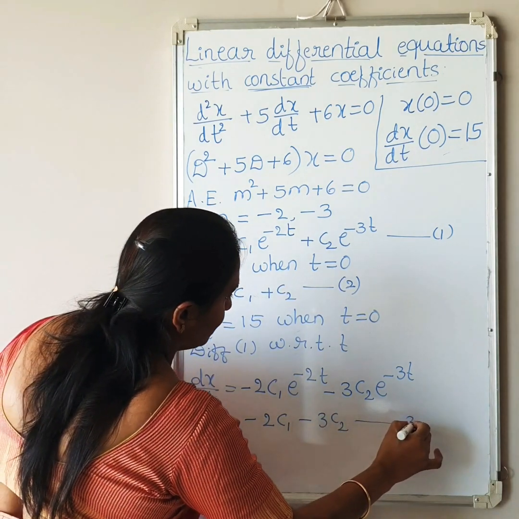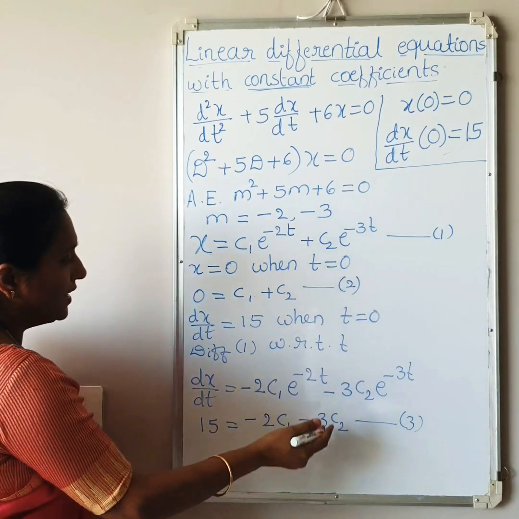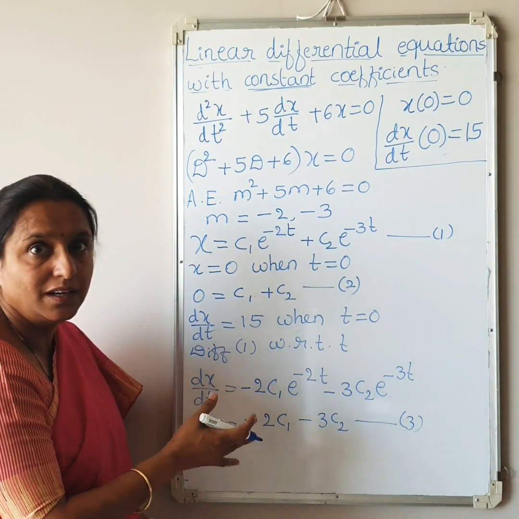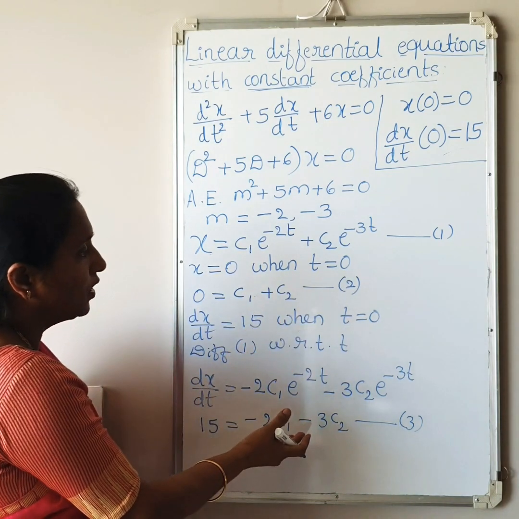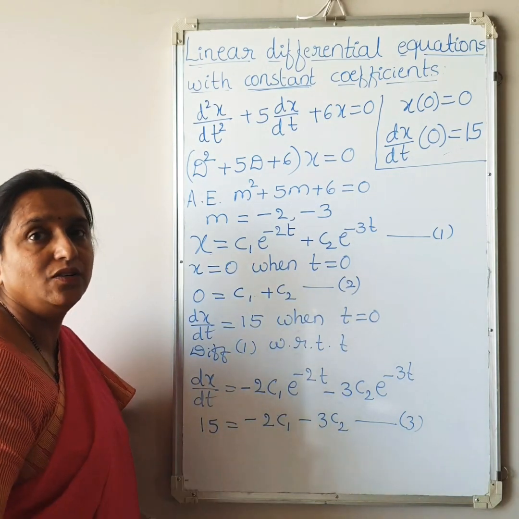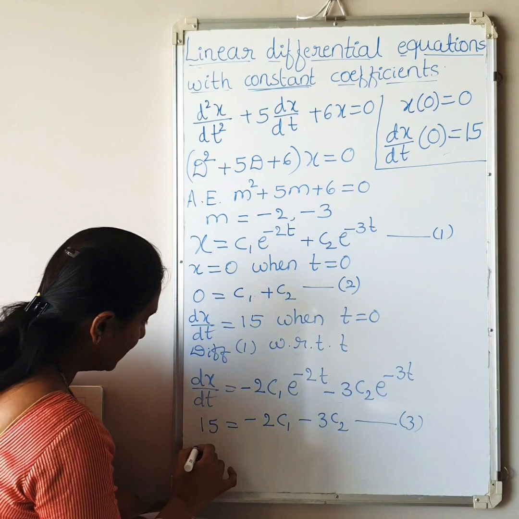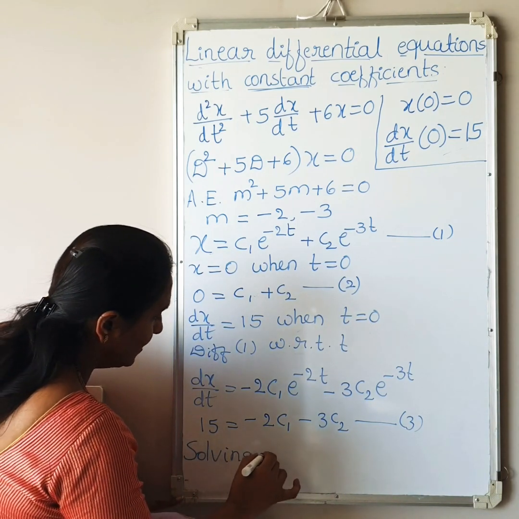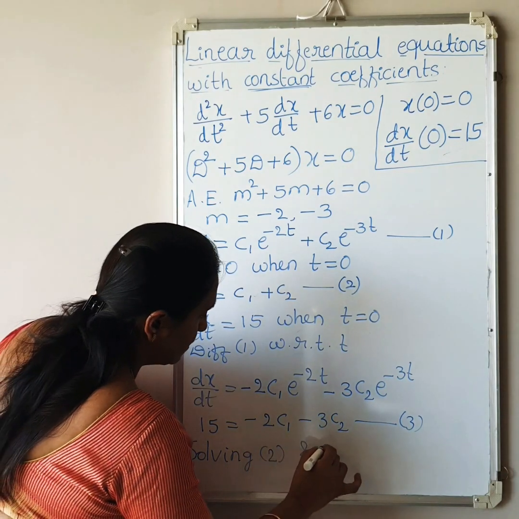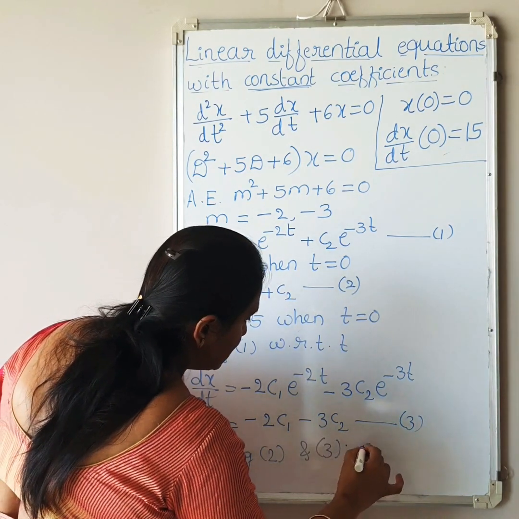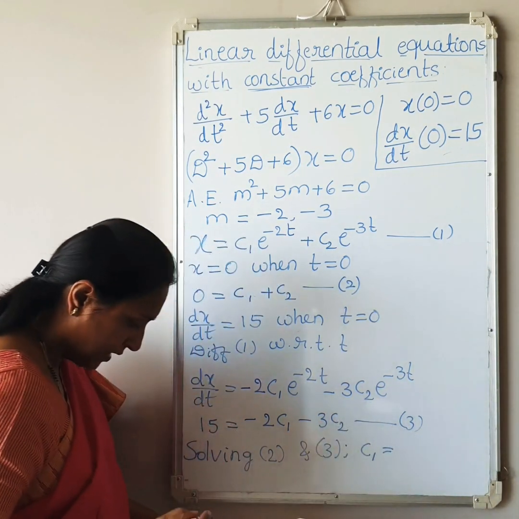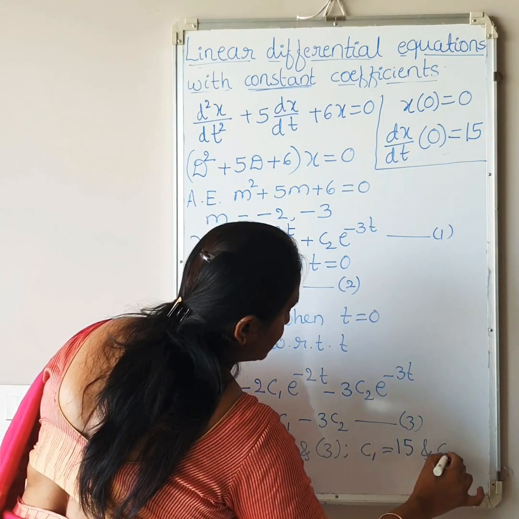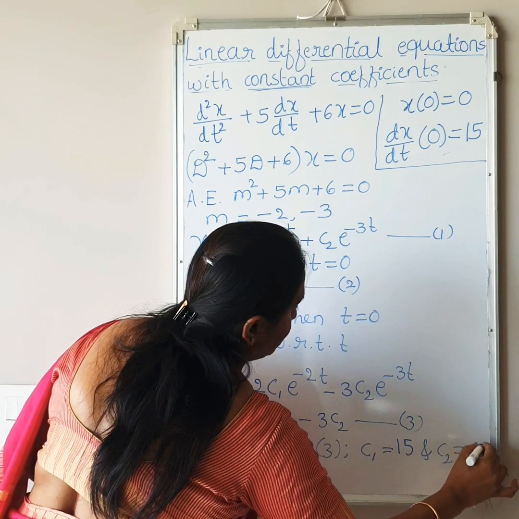Let it be equation 3. Now 2 and 3 are two simultaneous equations with c1 and c2 as the unknowns. So by solving simultaneous equations, again you can use calci, solving 2 and 3, we get c1 is 15 and c2 is equal to minus 15.